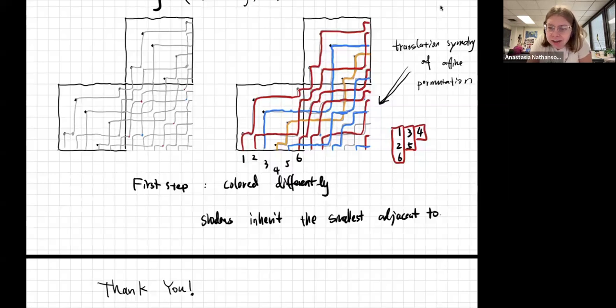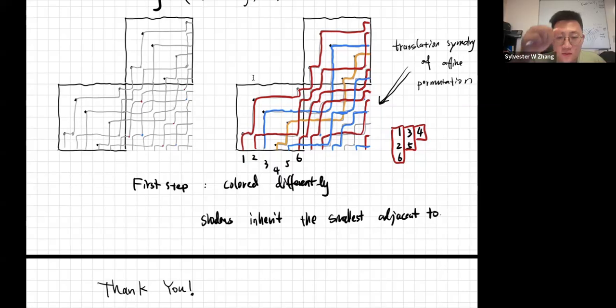These diagrams feel very pipe dreamy. What's the connection to pipe dreams here? There's no connection probably.